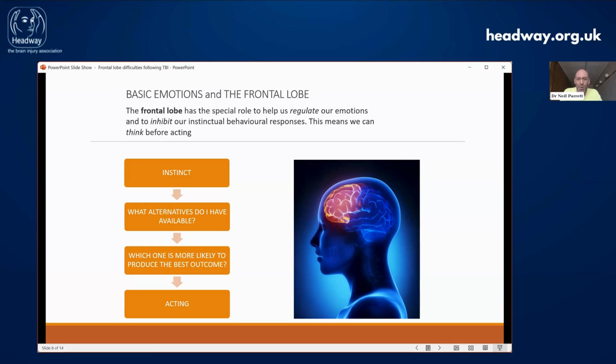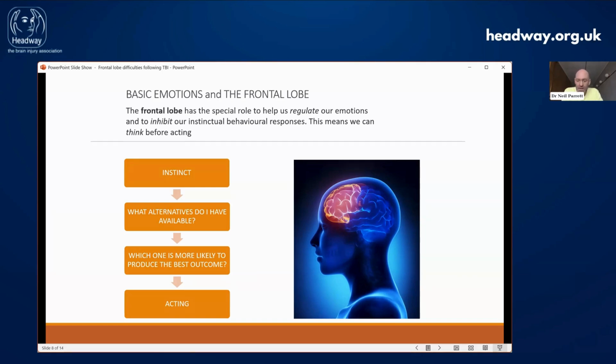It is a pretty important skill that we have developed and become masters of through evolution. That ability to regulate through inhibition our basic instincts is absolutely crucial.